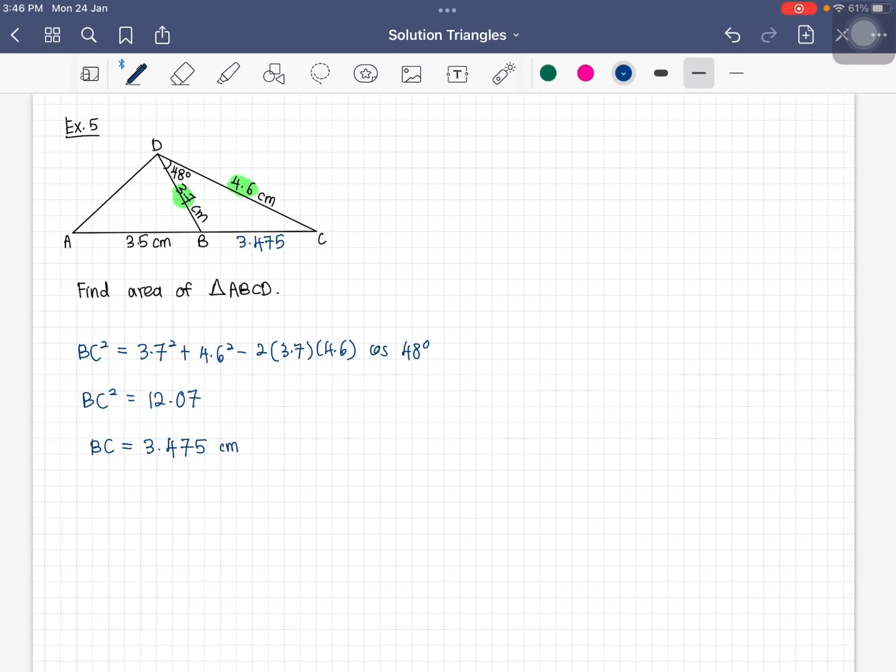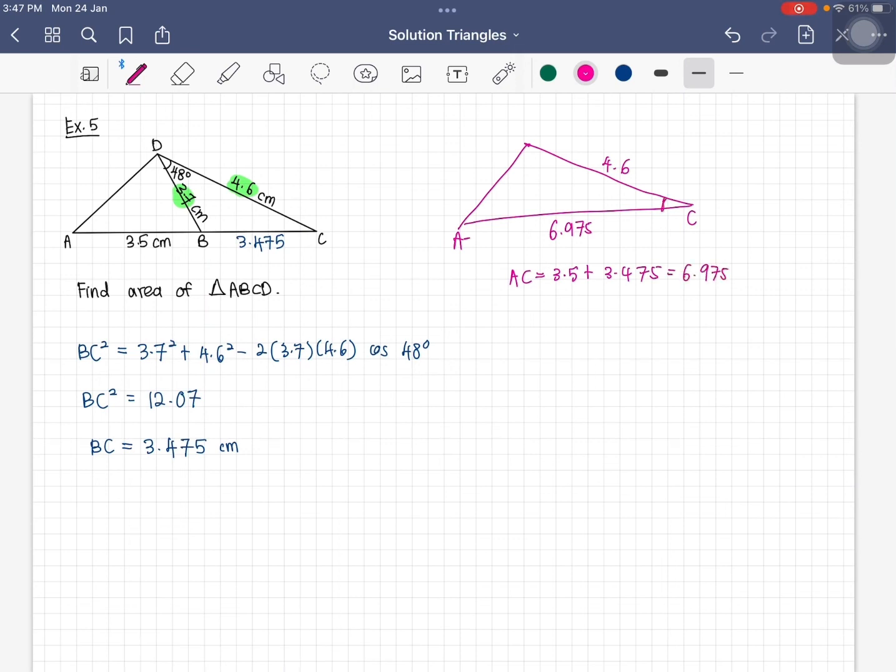We already have 4.6, and the summation of this one should be 3.475 plus 3.5, so 6.975. How did I get this? From A to C, AC is given by 3.5 plus 3.475, which is 6.975.